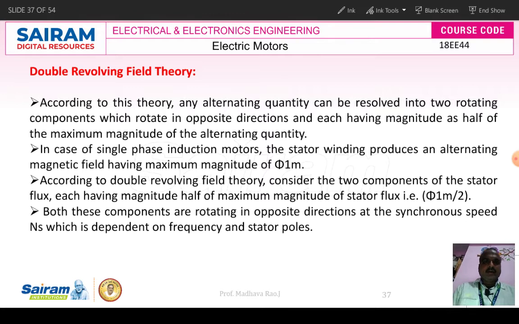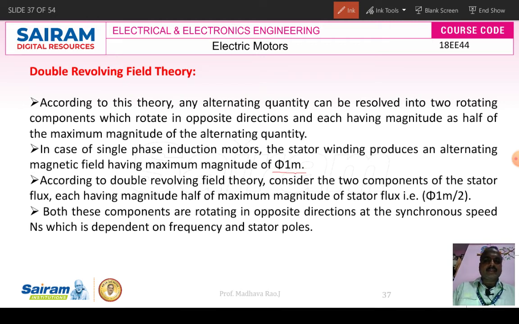So the double revolving field theory states that the magnetic flux inside the induction motor will be divided into two halves, and the magnitude of each half is the same and opposite to each other. In a single phase induction motor, the stator produces an alternating magnetic field having magnitude phi 1m, the maximum magnetic flux.